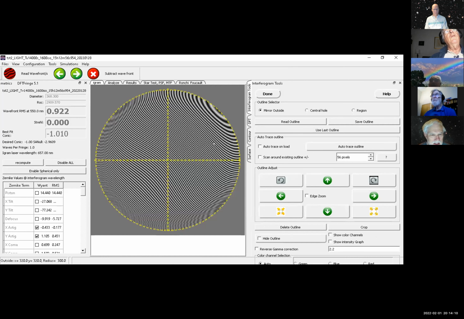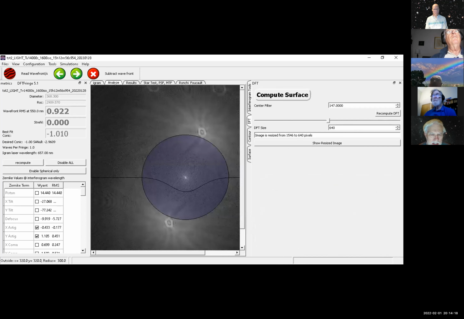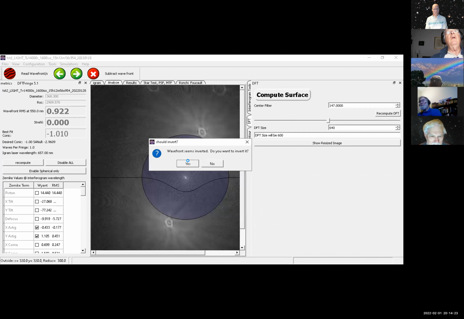Okay, so this is an interferometer simulated of a perfect mirror. But your lines are much closer together than this. Yeah, I've got more. Yes. Okay, let's see what we can do here, folks. Oh, it looks like it doesn't like it.